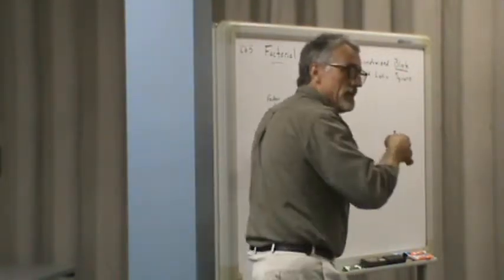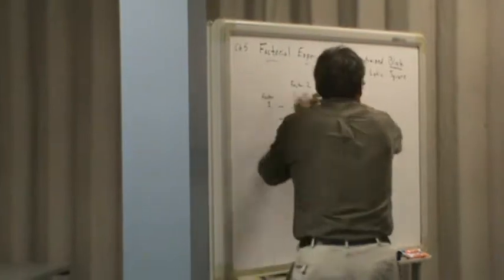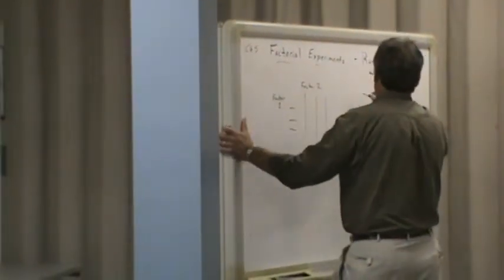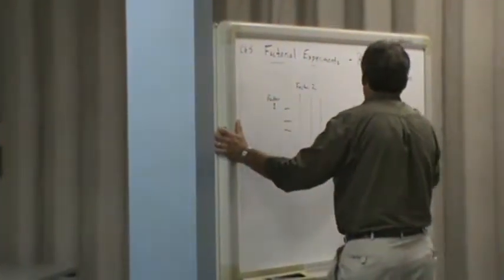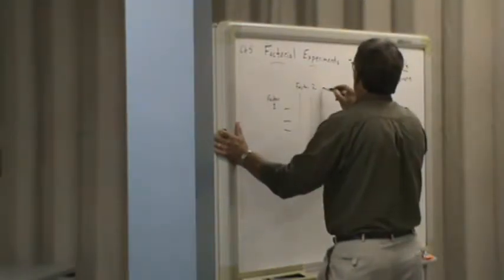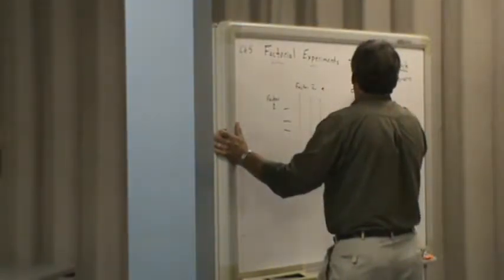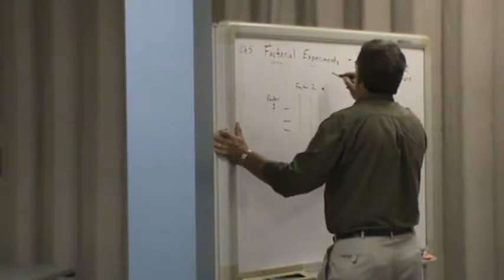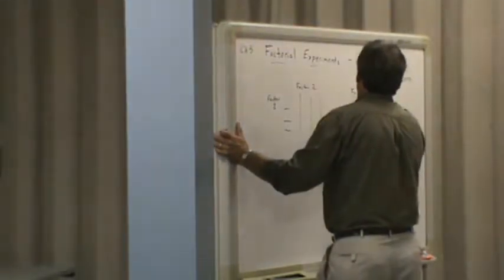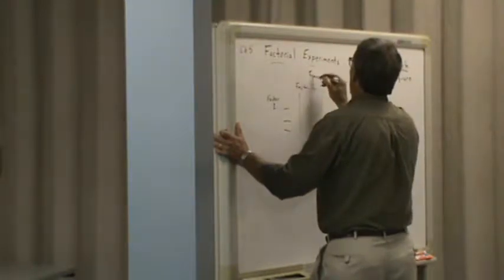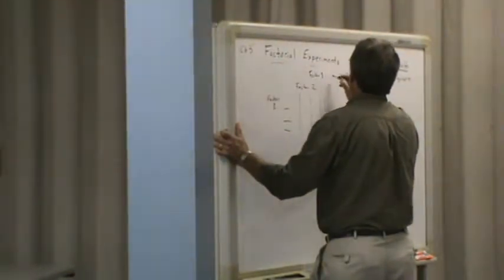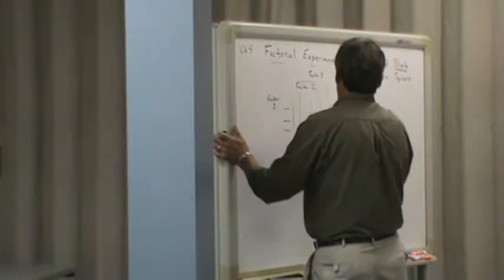Or maybe we had a third factor, when we repeated it, so another set of columns over here, factor 2A, factor 2B, and then factor 3 in these blocks.